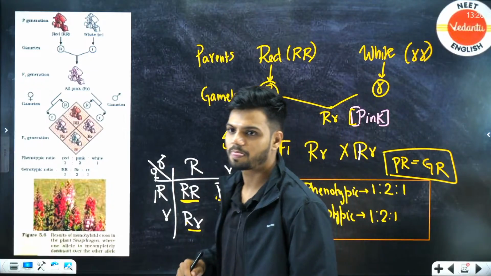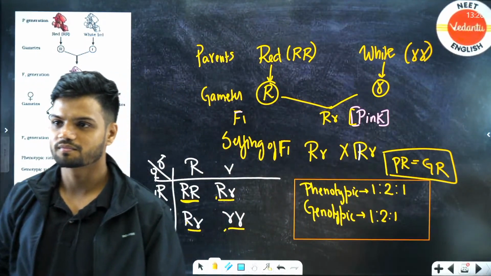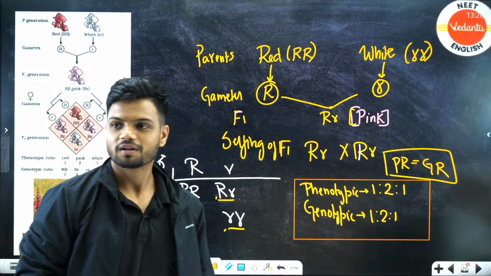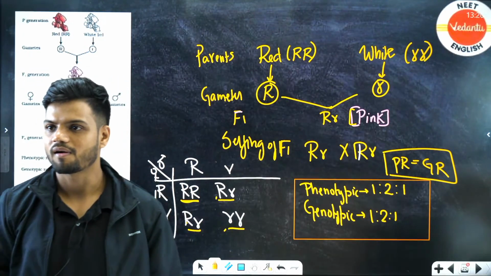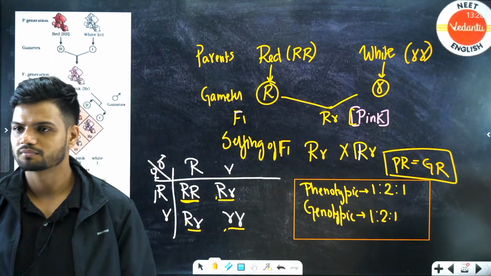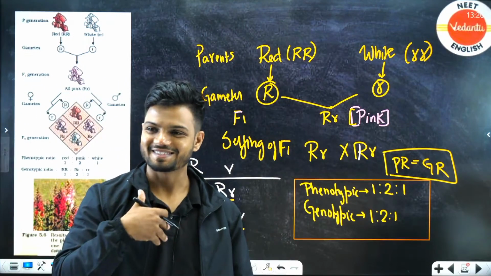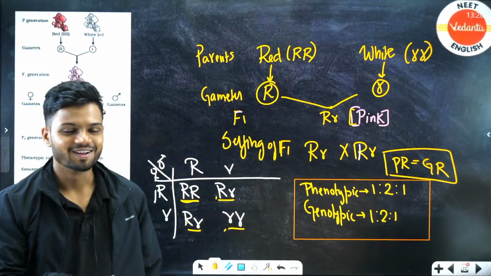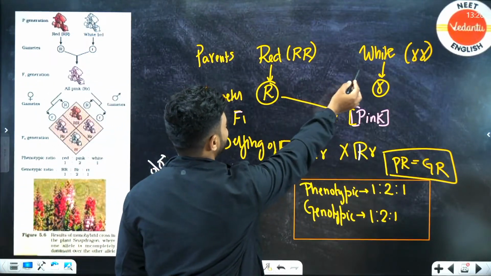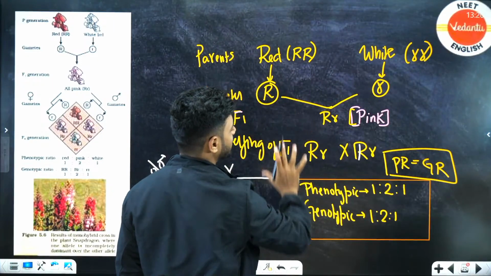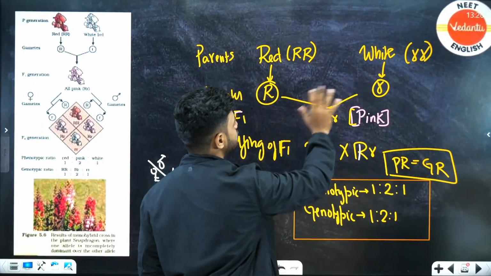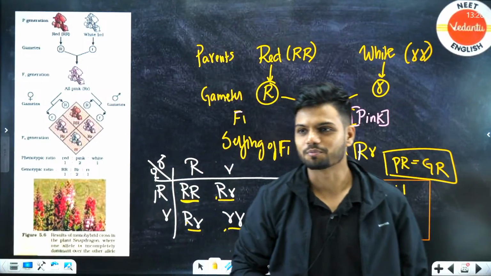Understood? Clear? Here when I was writing it, I just wrote it by mistake. With smaller we get pink color flower. This is red and this is white.